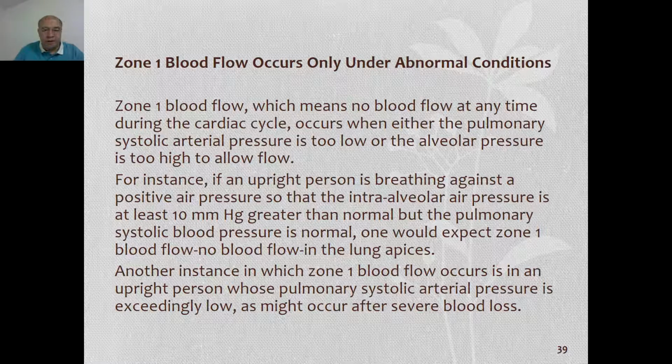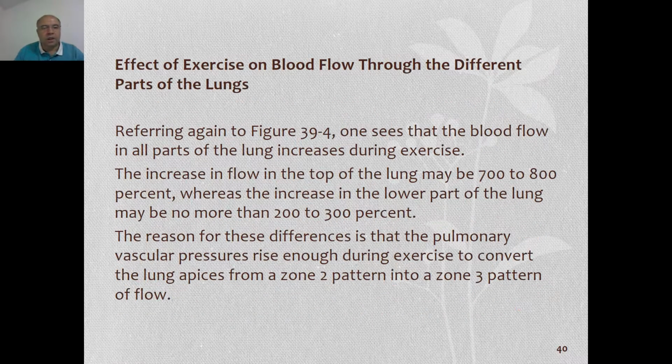Another instance in which zone 1 blood flow occurs is in an upright person whose pulmonary systolic arterial pressure is exceedingly low, as might occur after severe blood loss. Effect of exercise on blood flow through the different parts of the lungs. Referring again to figure 39.4, one sees that the blood flow in all parts of the lung increases during exercise.